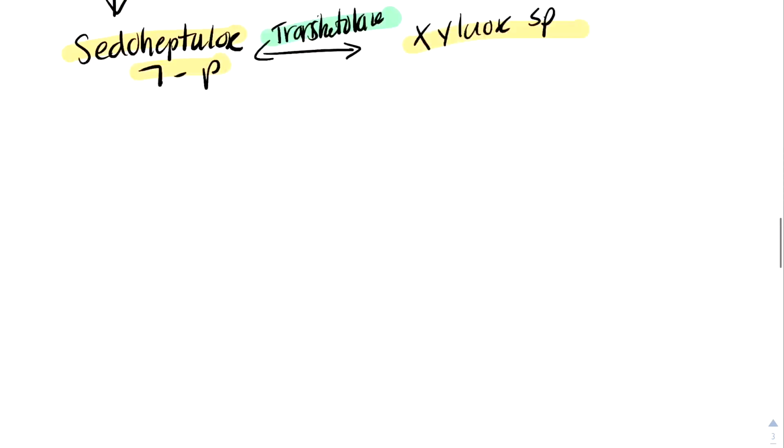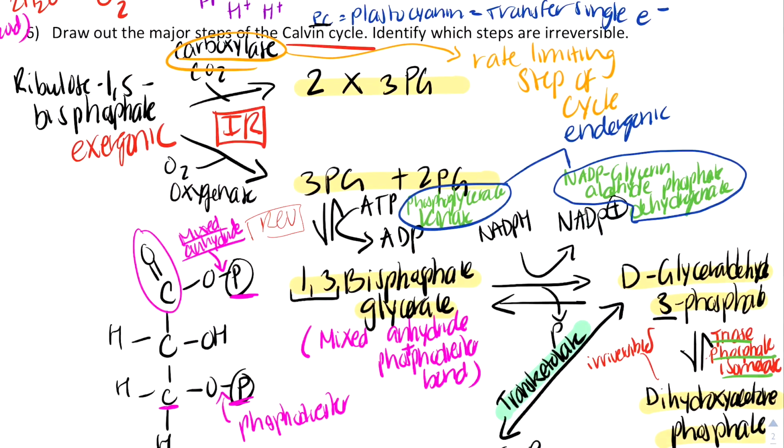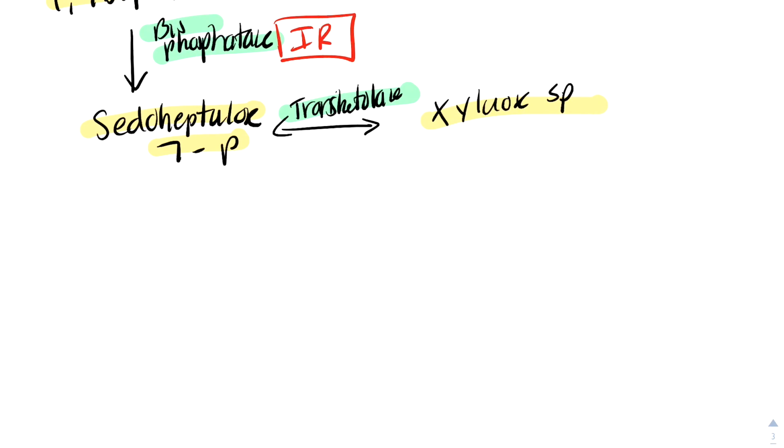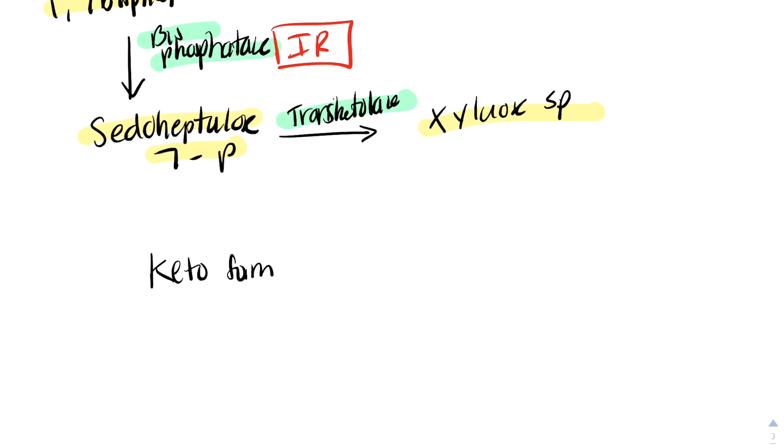Okay, so you will most likely be asked to draw the fixation step. I think that's the most important that Dr. Thomas talked about. And just like understanding where the phosphoester bonds are, the mixed anhydride bonds, knowing your irreversible steps. Another thing is knowing that you can switch between the keto form. This is a resonance. I'm using resonance arrows, I'm sorry.